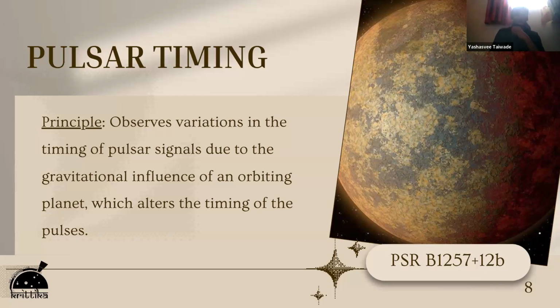Pulsars are known to have a fixed period, and it is mostly unaltered, but the presence of an exoplanet can influence this and alter the timing of the pulses. Pulsar timing has also helped us detect the lower-mass planets, and I think the first exoplanet was detected using pulsar timing.